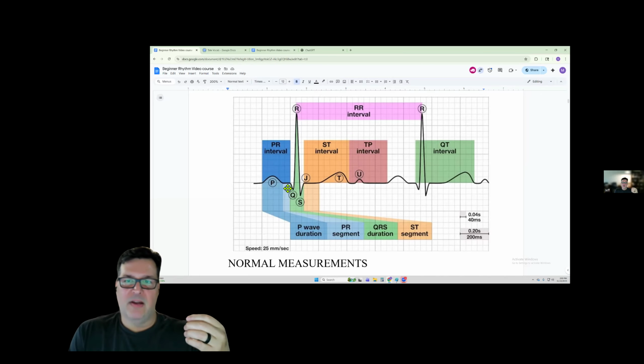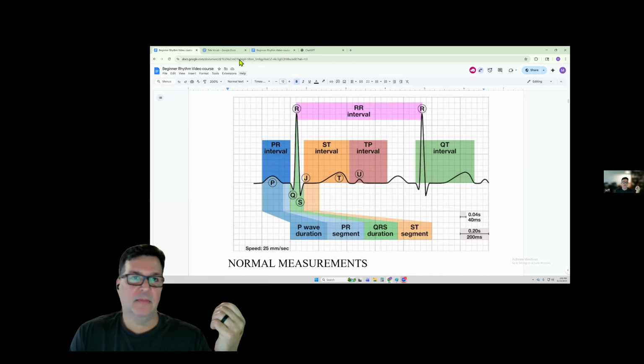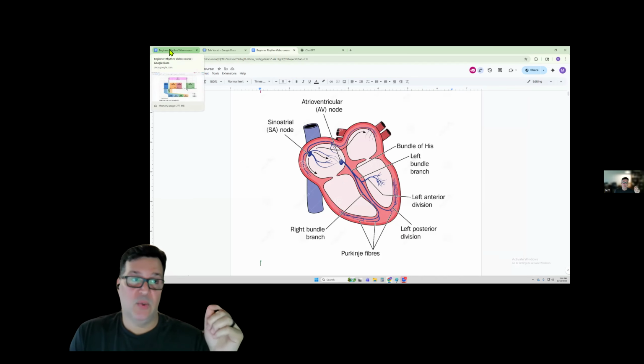It's allowing the right ventricle to fill full of blood. And normal PR was between 0.12 and 0.20. That's when everything's working right. So a first degree AV block is when the PR interval is greater than 0.20. My bad.